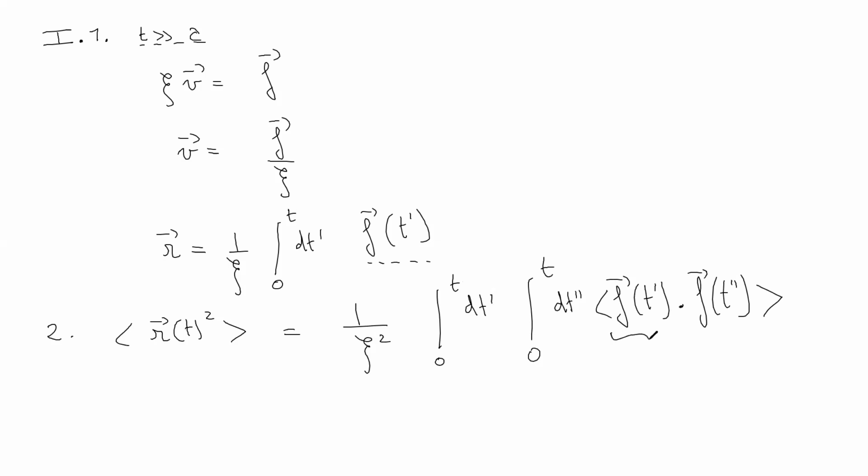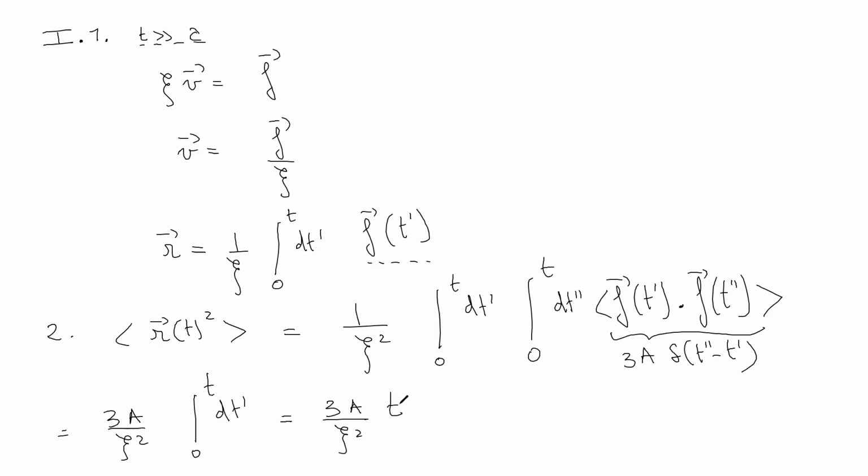And just as before, this is then 3 times A times delta Dirac of time. So we end up with 3A over psi squared as a function of one integral in time, which is the integral of 1, right? So the result is the following: 3A over psi squared times t.